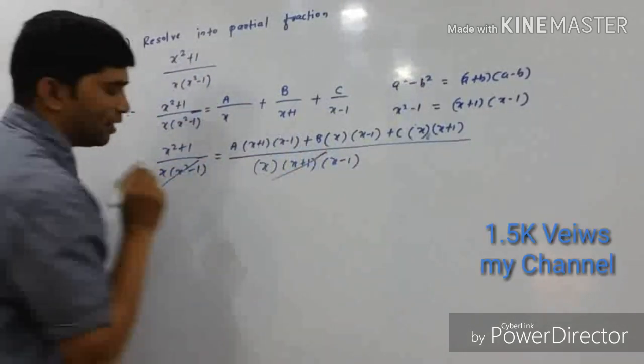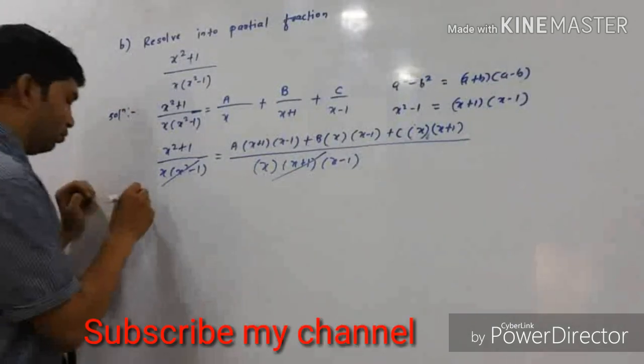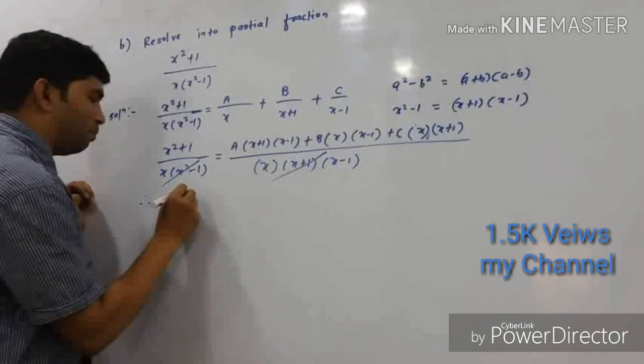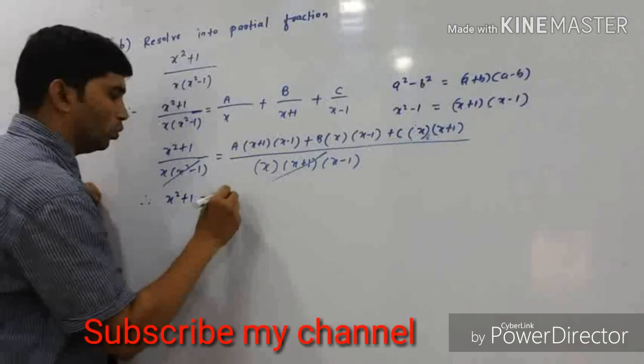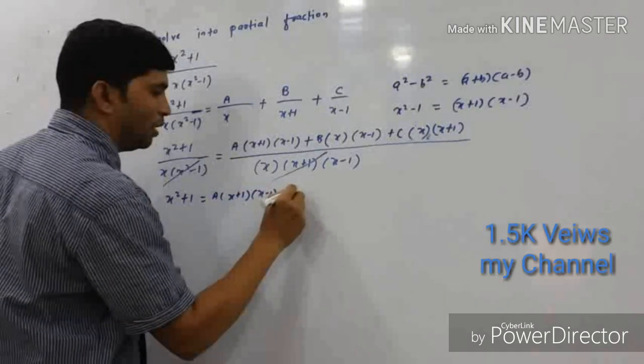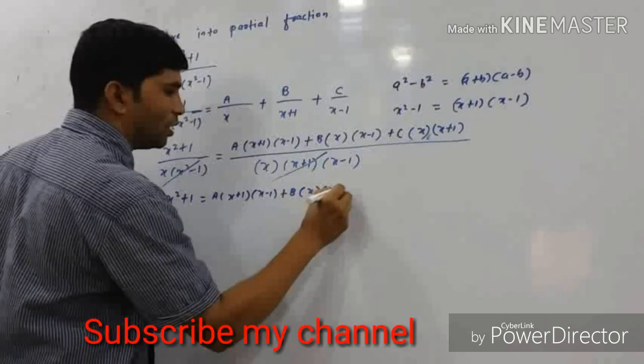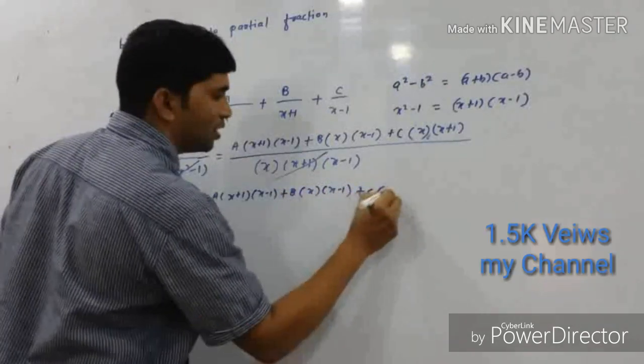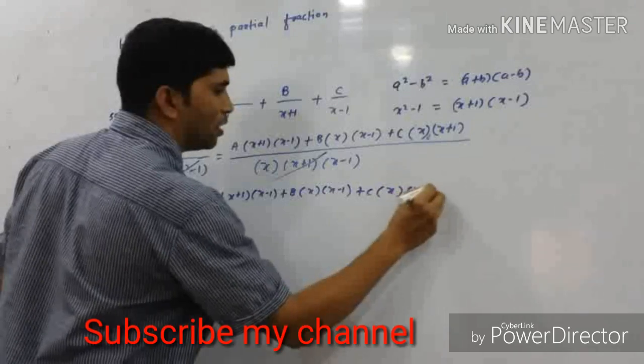So these denominators get cancelled. We get x square plus 1 is equal to A into x plus 1, x minus 1, plus B into x into x minus 1, and plus C into x into x plus 1.